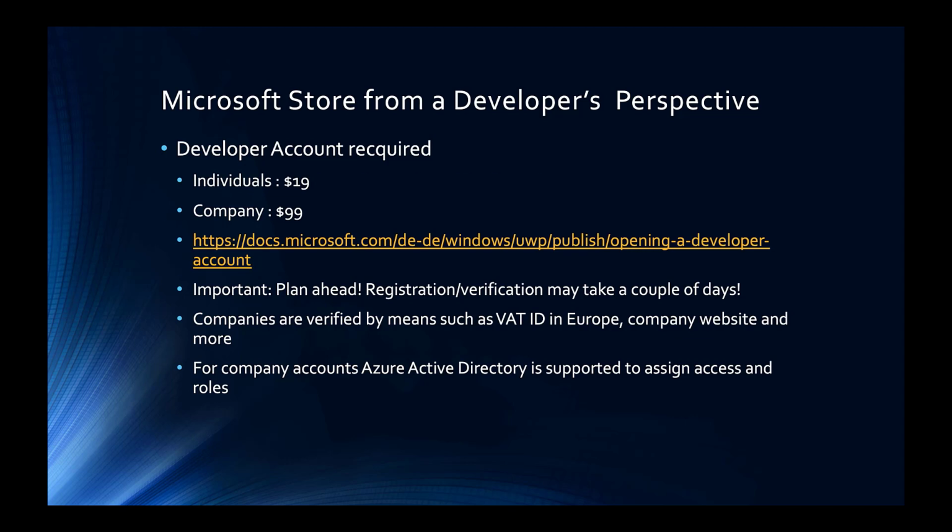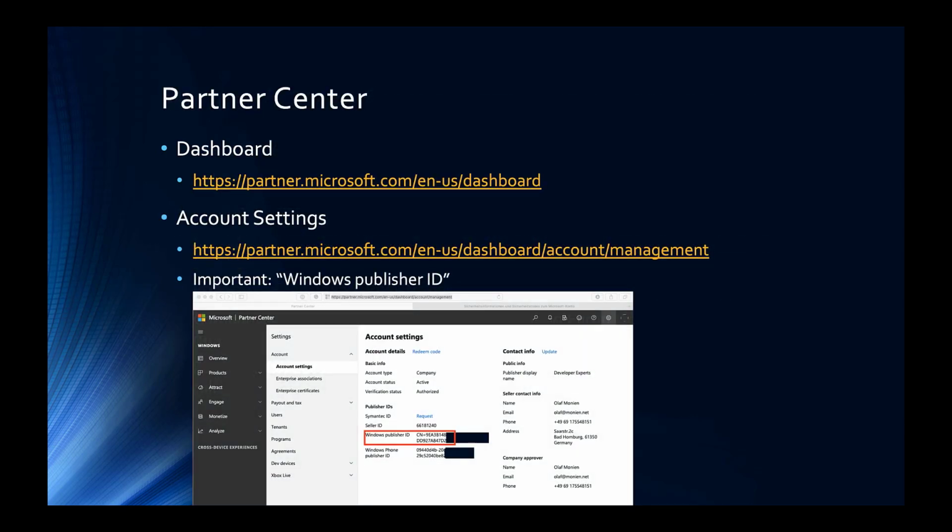All right. Okay, so once you got registered, there is a dashboard. They call that the Partner Center, and that dashboard has account settings and everything. There you see your registration info, contact info, and everything.